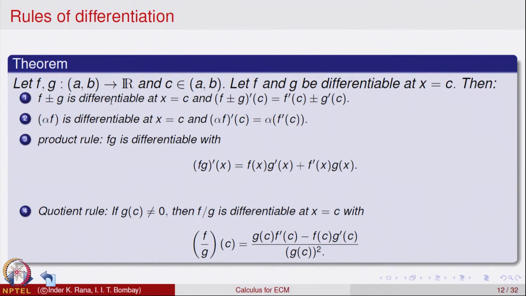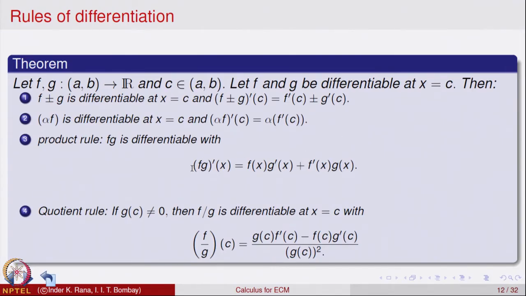The first two properties of differentiation essentially give us what is called the linearity of the derivative, namely if f and g are both differentiable, then f plus g, f minus g and alpha f are all differentiable functions. The derivative of f plus g is equal to the sum of the derivatives. The derivative of the scalar multiple is equal to the scalar multiple of the derivative.